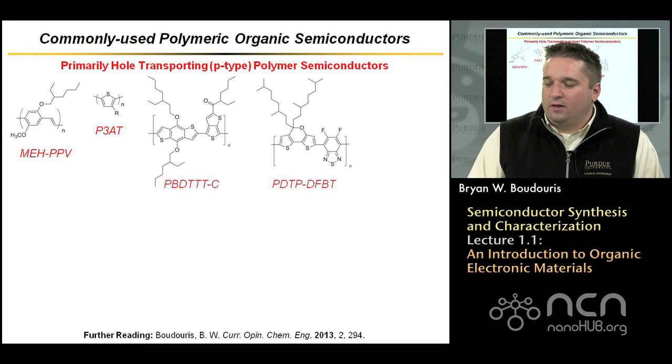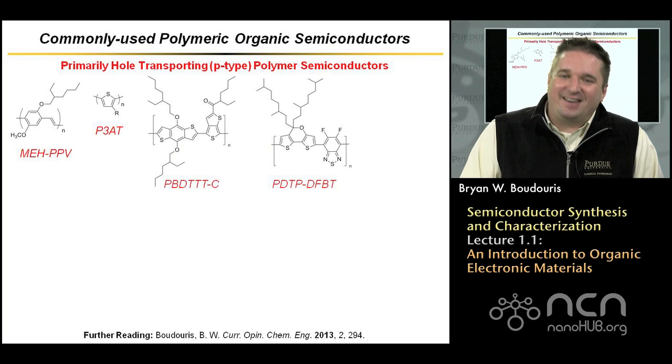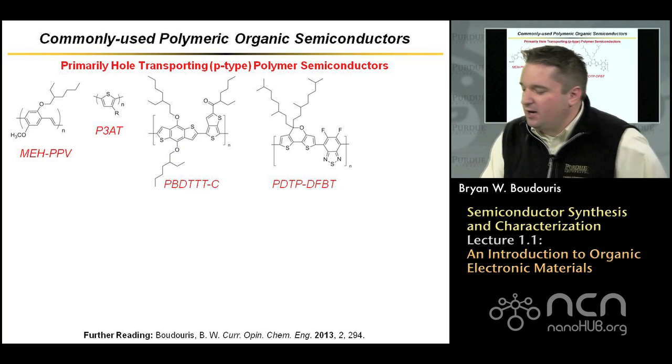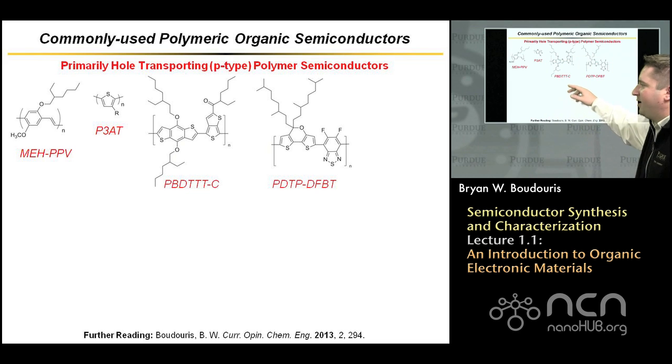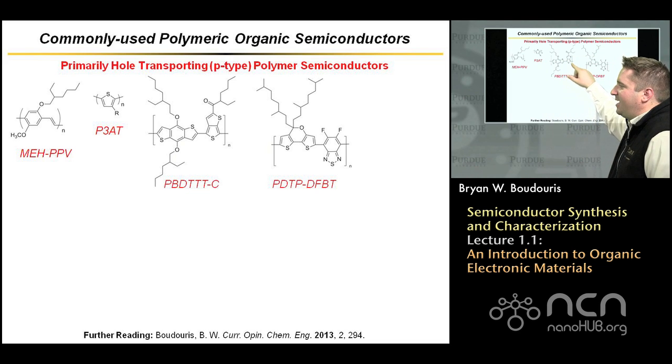Okay? We also have more advanced P-type materials, and of the two that I show here, I want to highlight 2 points. The first is that they contain thiophene-like units and phenyl units throughout. We have more fused thiophene and fused phenyl units. And throughout the backbone, there's a large degree of conjugation, here and here.